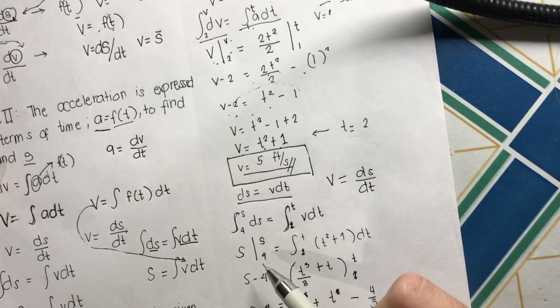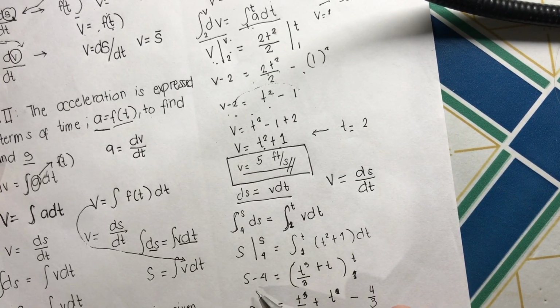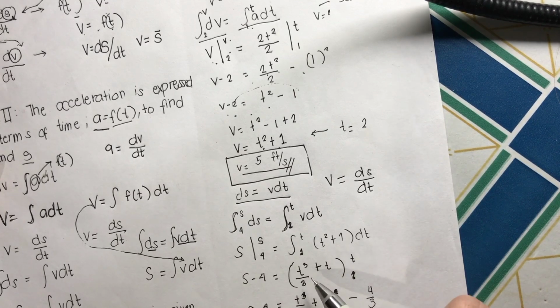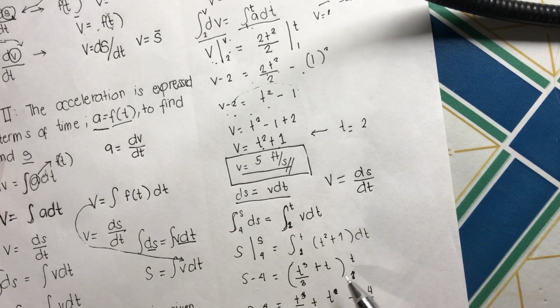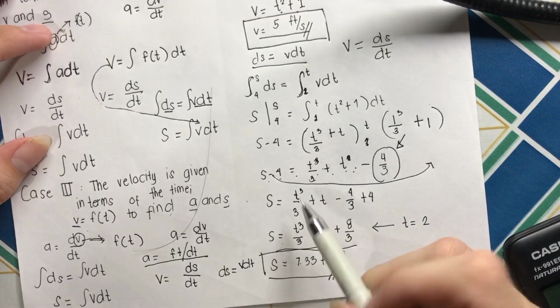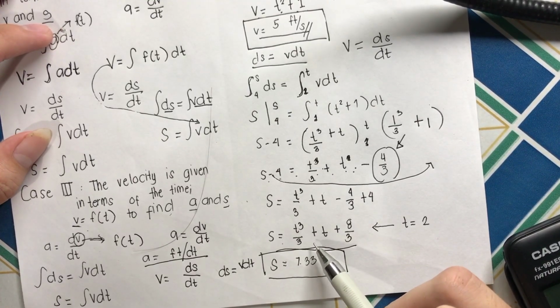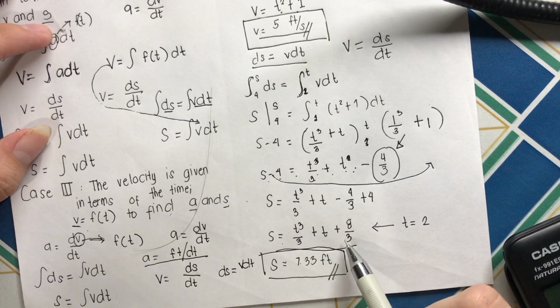By integrating both sides, we come up with the solution s minus 4 equals t cubed over 3 plus t, and then by substituting the limits, s equals t cubed over 3 plus t plus 8 thirds.